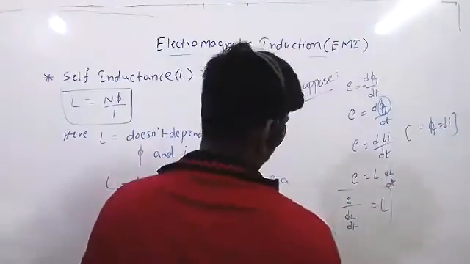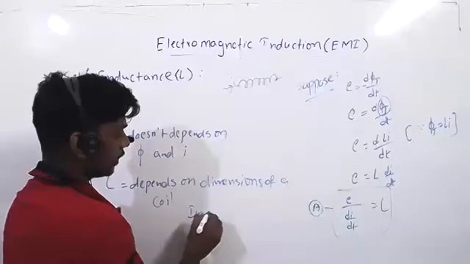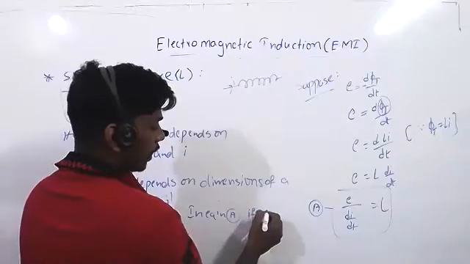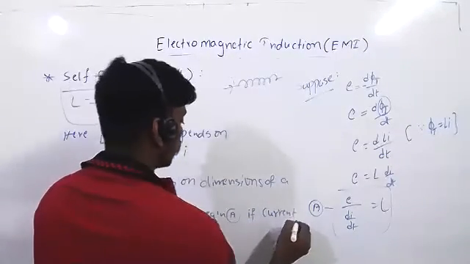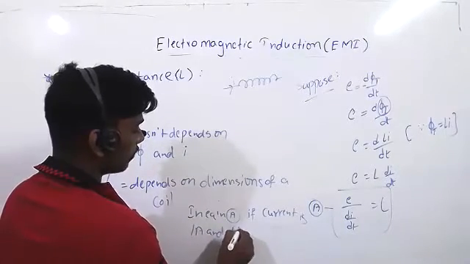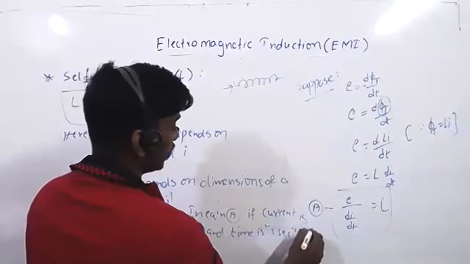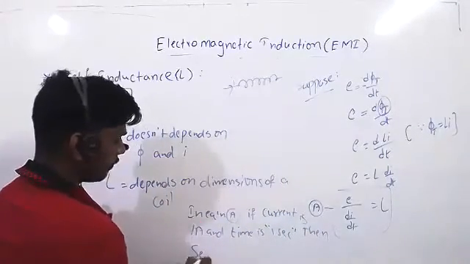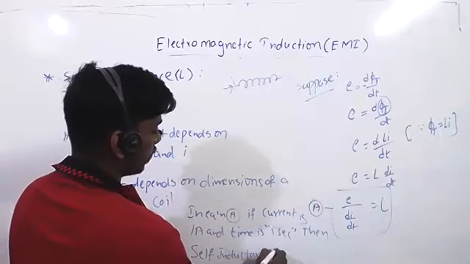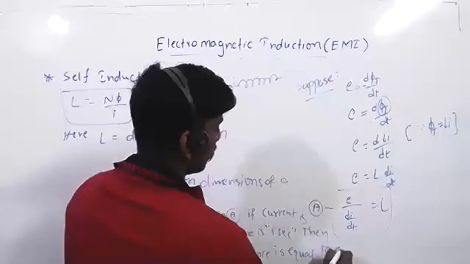In equation A, if current is 1 ampere and time is 1 second, then self inductance is equal to EMF.